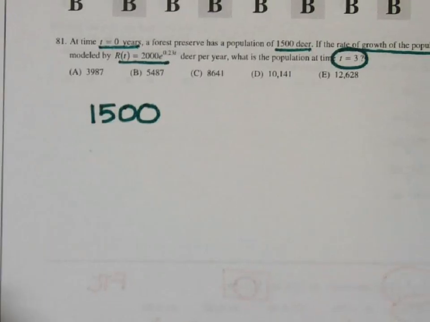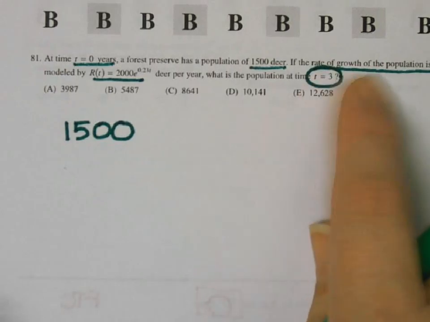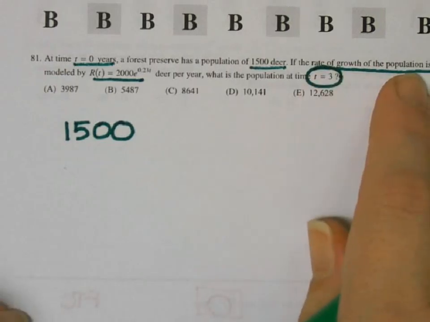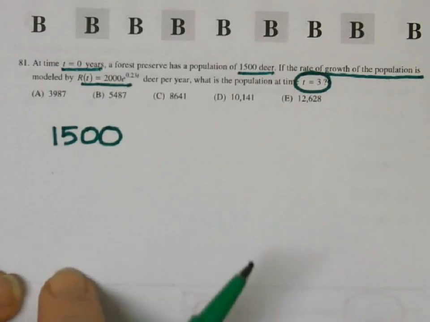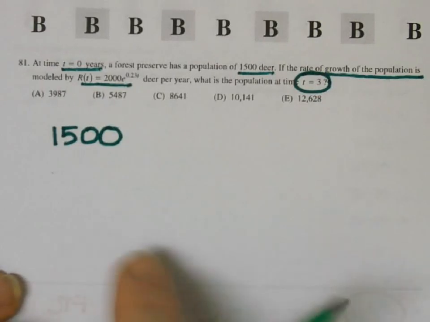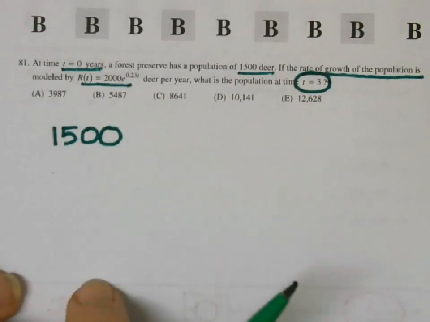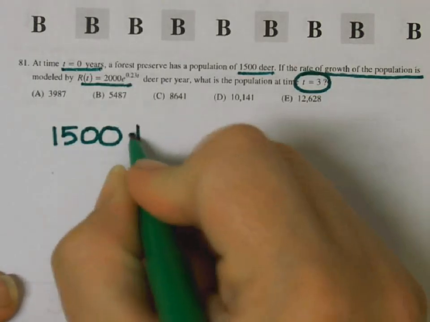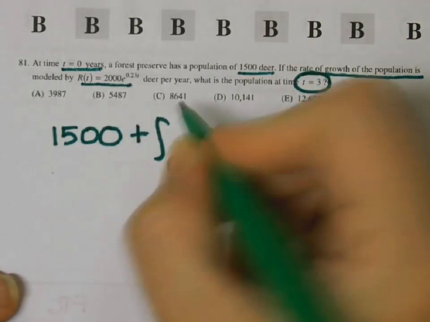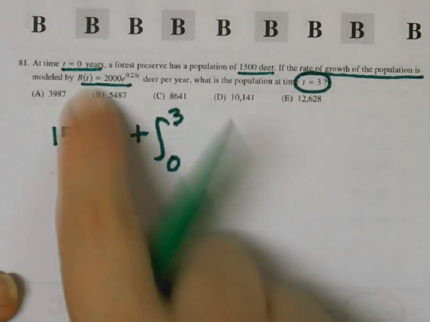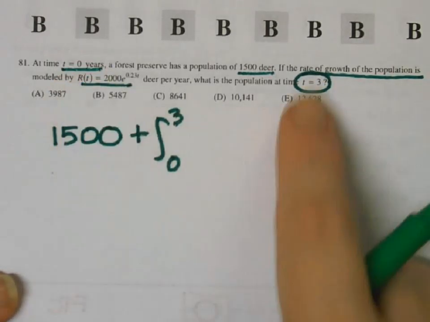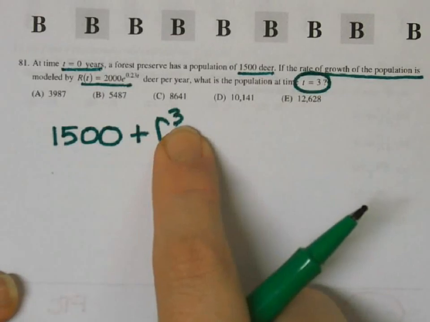Make sure you use the e to the x button. It's right down from the number 1. Make sure you do that and not the letter E. So e to the 0.23t. That gives 10,141. Choice B.